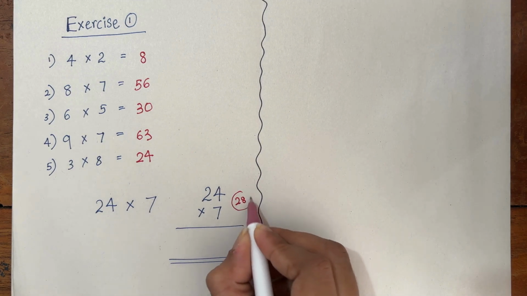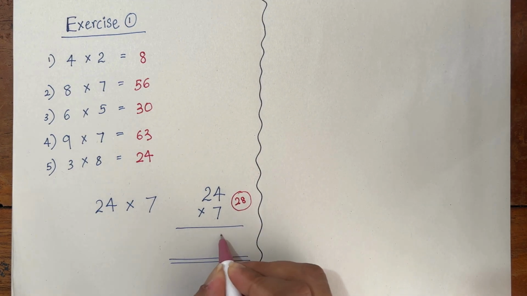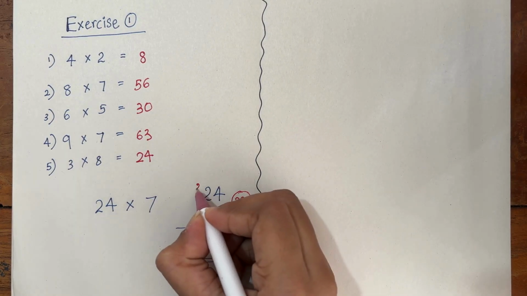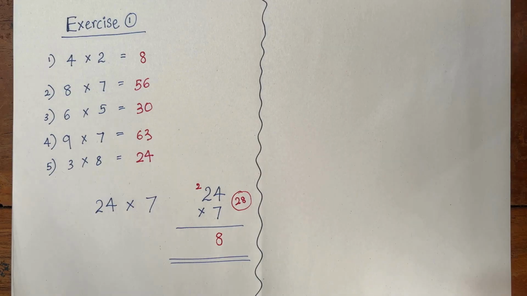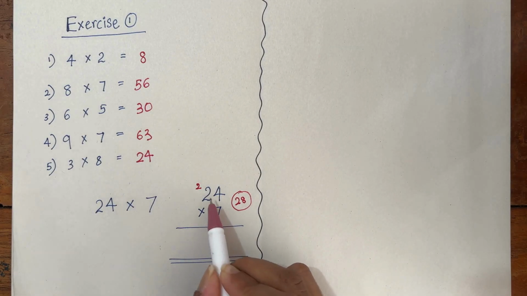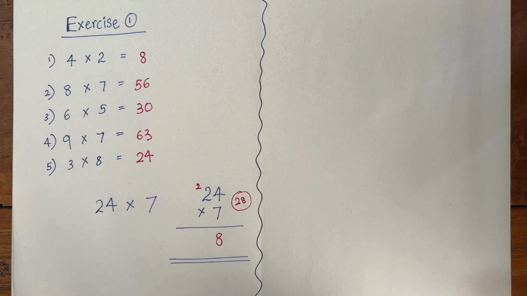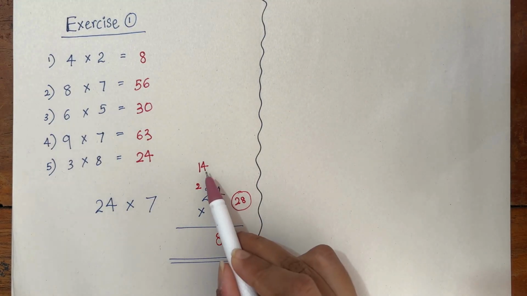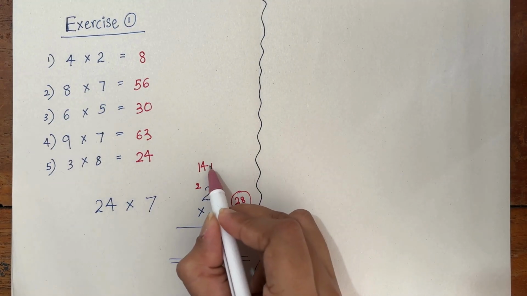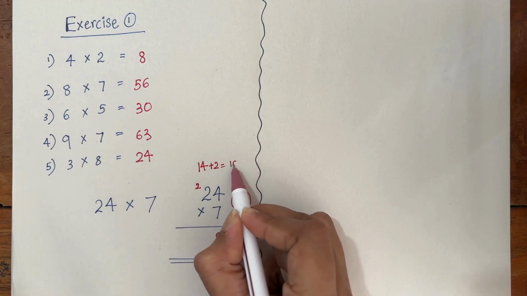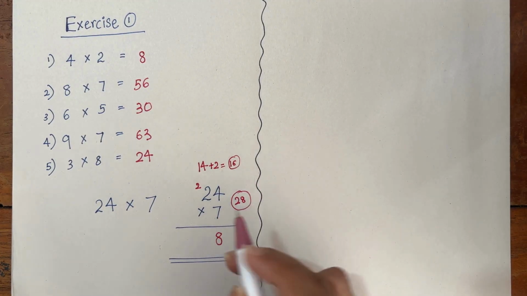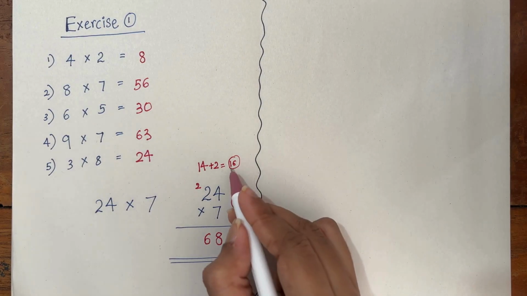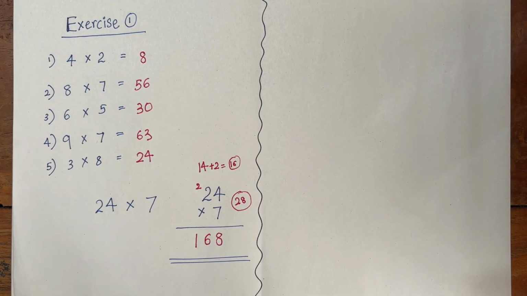So from this 28, we keep this 8 here because it is in the 1's place and take this 2 here. Then we have to multiply 7 by 2. How much is 7 times 2? 14. And we have to add this 2. Then how much? 16. So the 6 comes to the 10's place. This 1 goes to the 100's place. So this is the answer, 168.